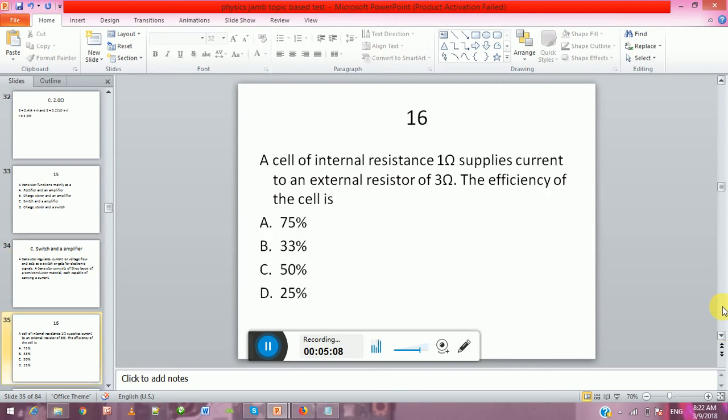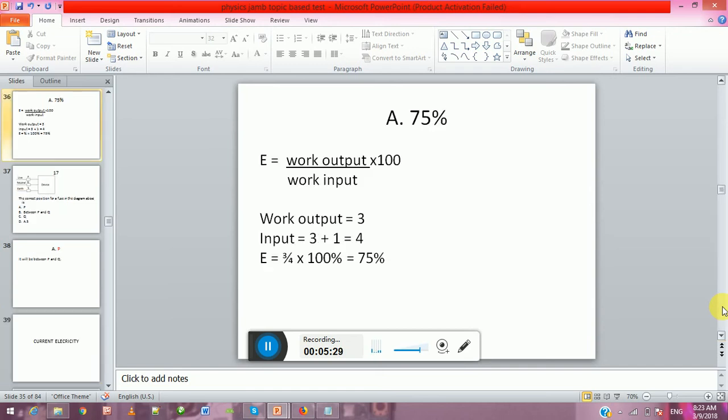A cell of internal resistance 1 ohm supplies current to an external resistance of 3 ohms. The efficiency of the cell is A. 75%, B. 33%, C. 50%, D. 25%. The answer is 75%.